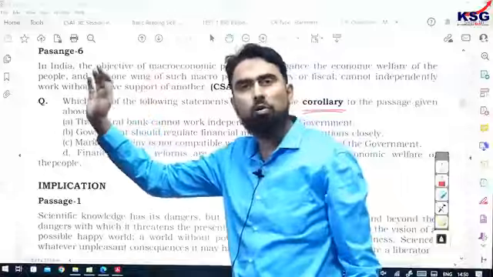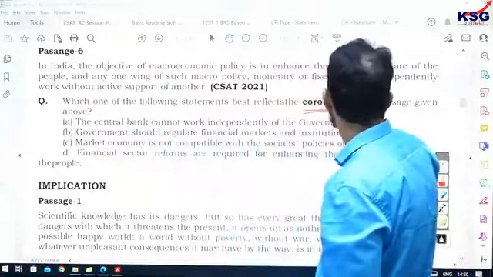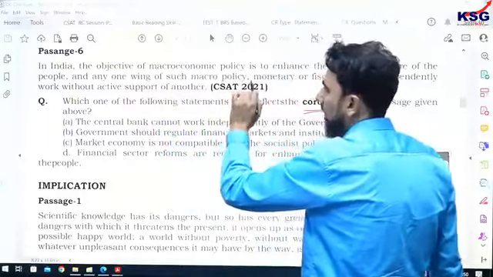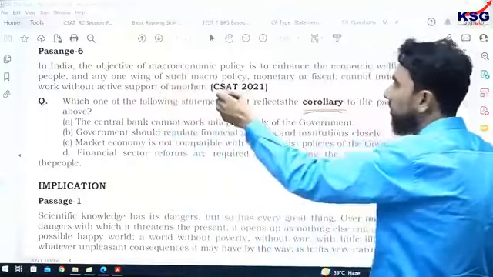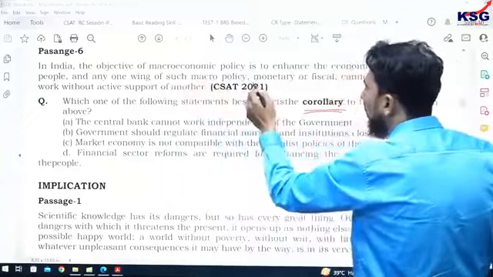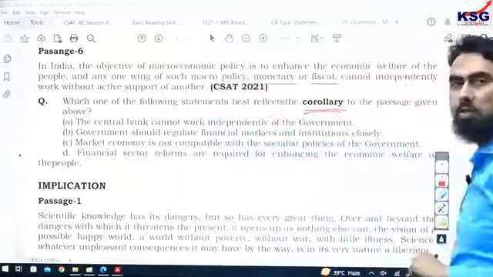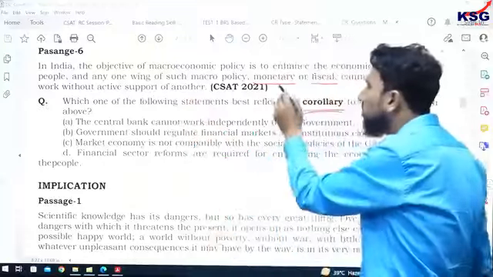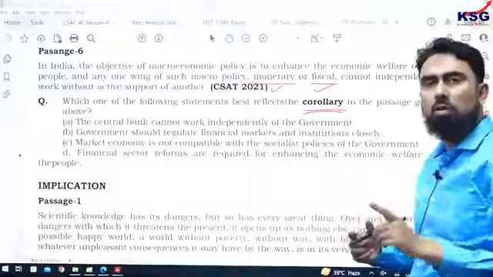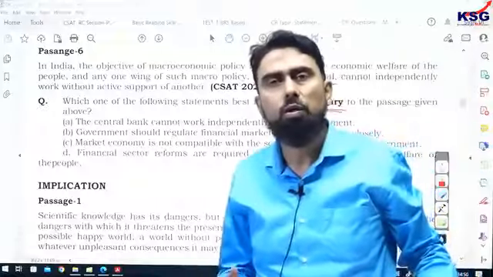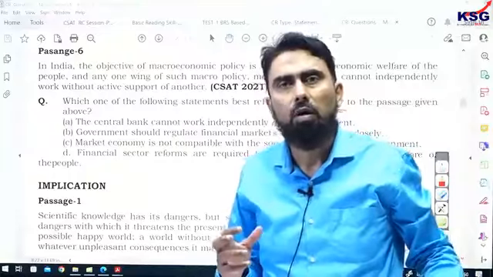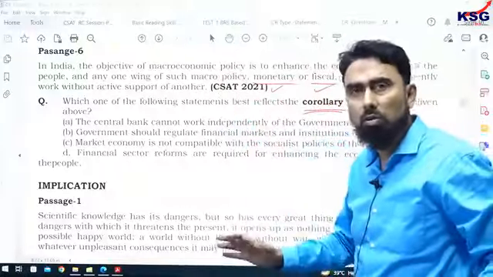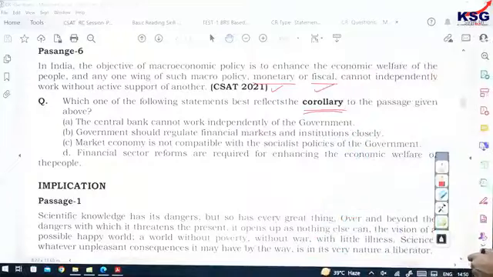Any one wing of such macro policy, monetary or fiscal, cannot independently work without the active support of another. It means monetary and fiscal cannot work independently. They should work in tandem, collaboratively, for the welfare of the people. They will have to work as a team.